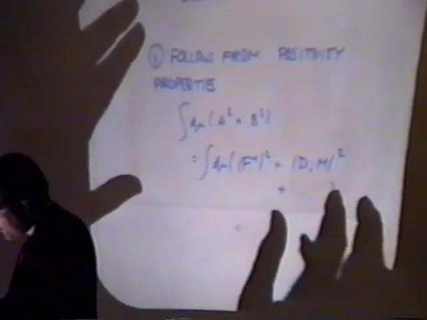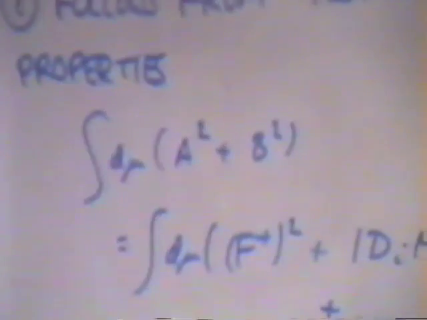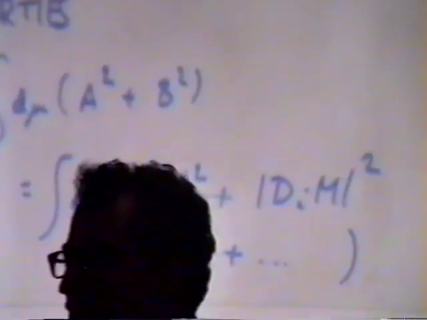Well, as Mrowka will perhaps explain in his talk better than I could, the first point follows from these positivity properties, which the Lagrangian is so nice and positive that nothing can go to infinity.